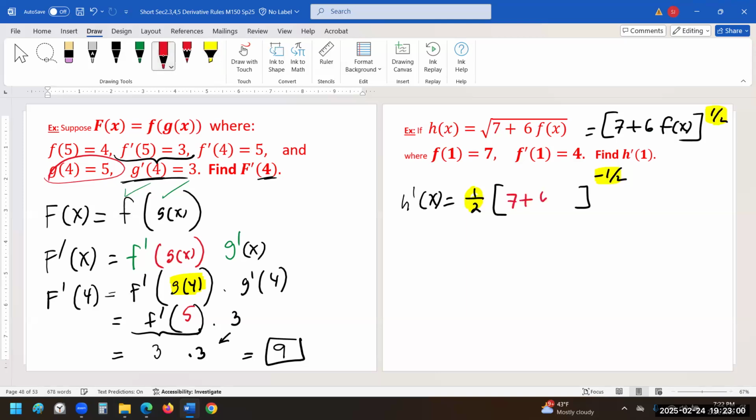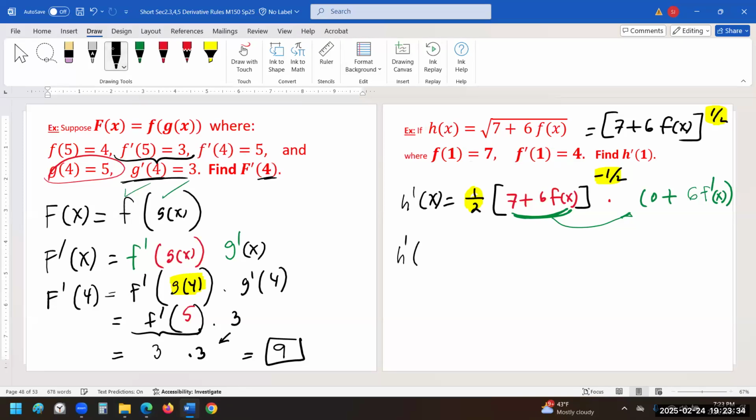So 7 plus 6 f of x. And then we multiply by the inner function. What's the derivative of 7? 0. And 6 f of x, 6 f prime of x.